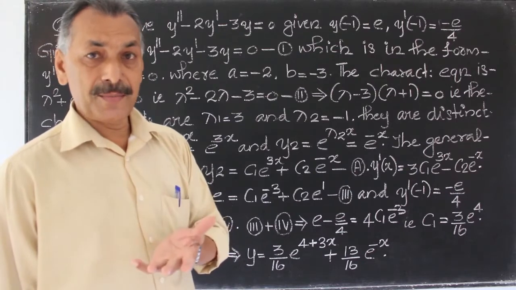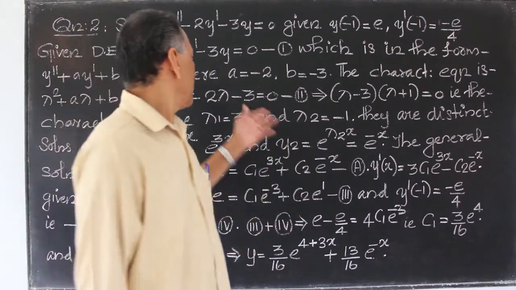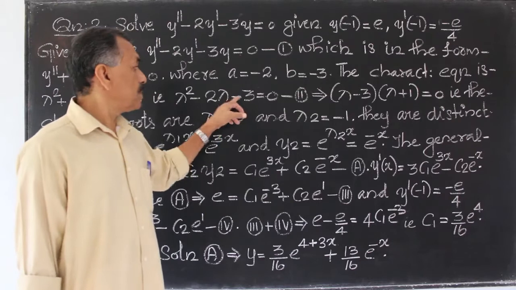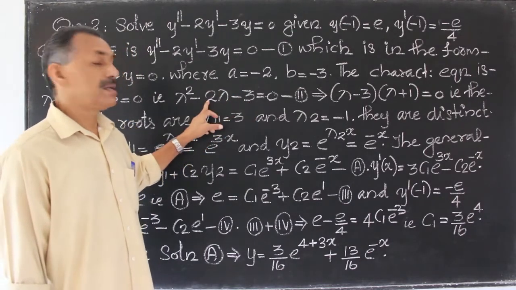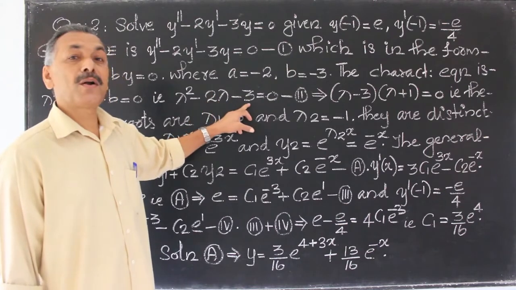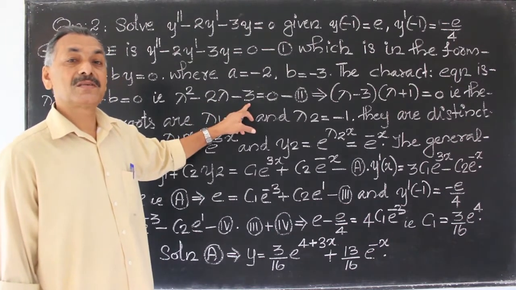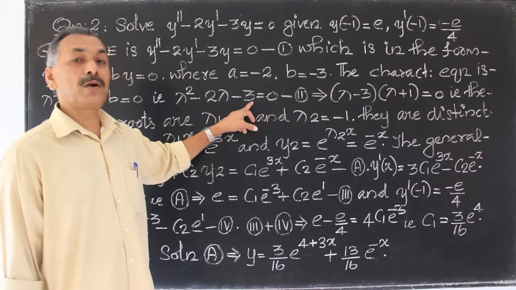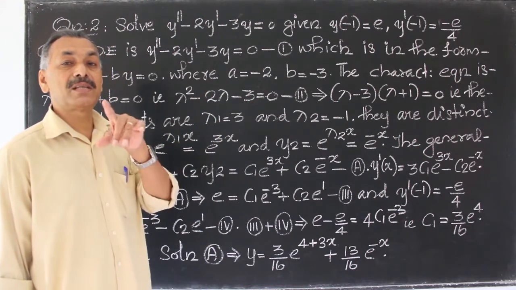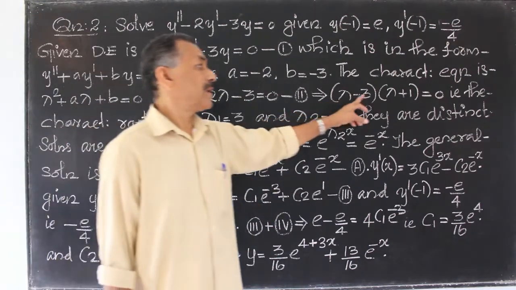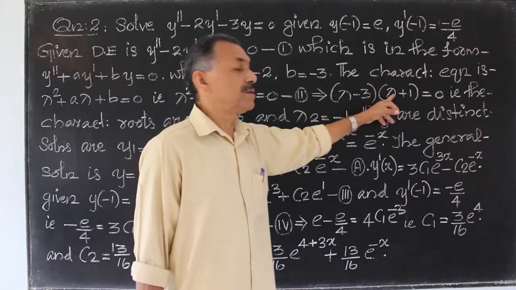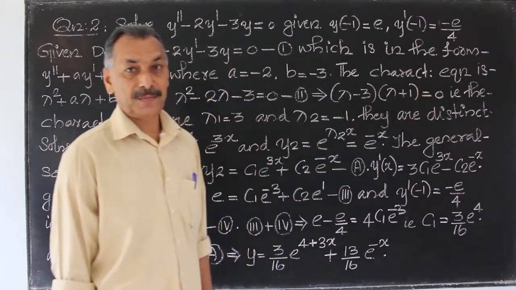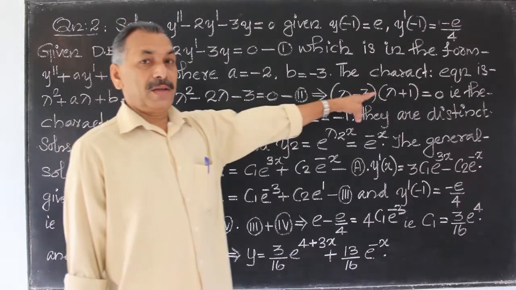Or otherwise, we look for two numbers whose sum is -2 and whose product is -3. Which are the numbers? The sum is -2 and the product is -3, the numbers are -3 and 1. So (lambda - 3)(lambda + 1) = 0.